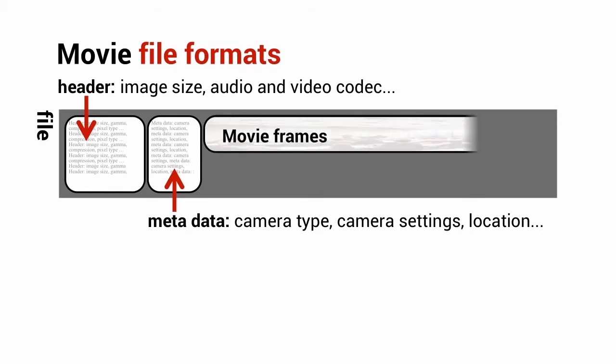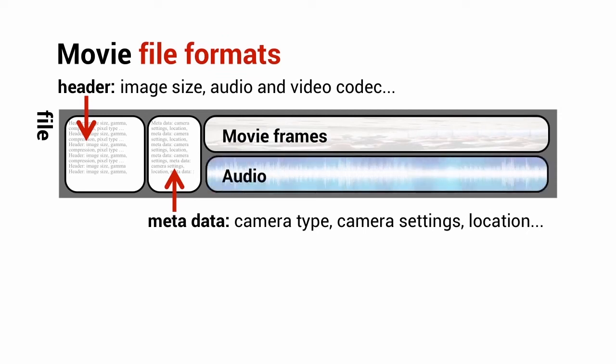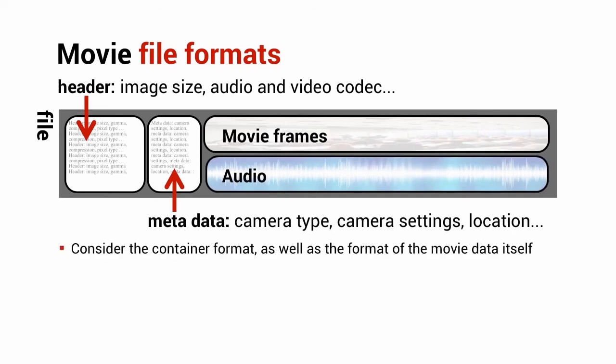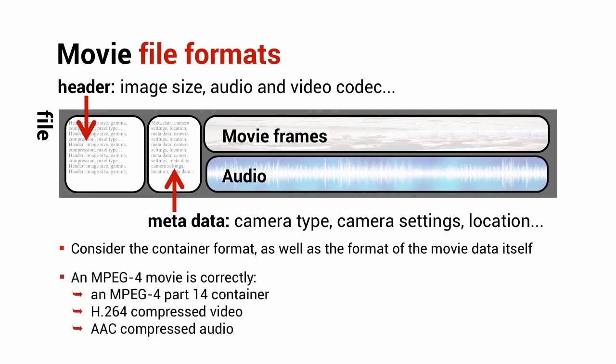The bulk of the file though is occupied with the frames of the movie, which are compressed using the video codec, and the audio data, which is compressed using the audio codec. So we need to specify the format of the container as well as the format of the movie data and the audio data. So when we refer to something like an MPEG-4 movie, to be more precise, what we're talking about is an MPEG-4 Part 14 container.